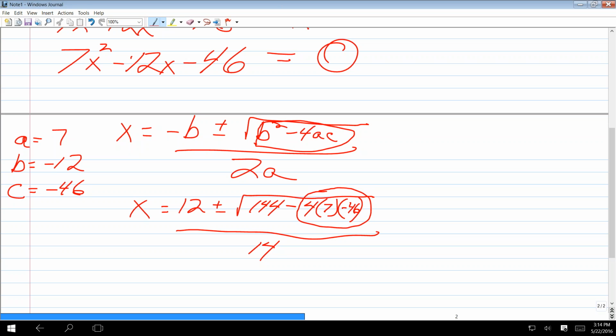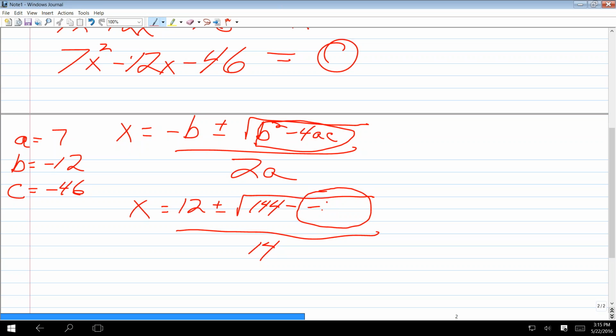You should probably always have your calculator. Okay. 4 times 7 times a negative 46 equals minus 1288. So I can erase that with minus 1288.